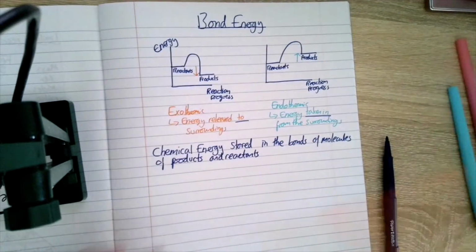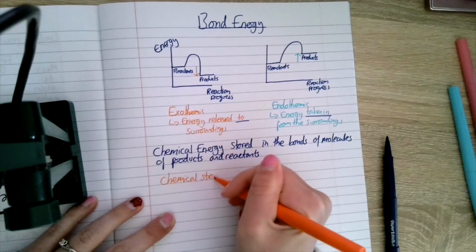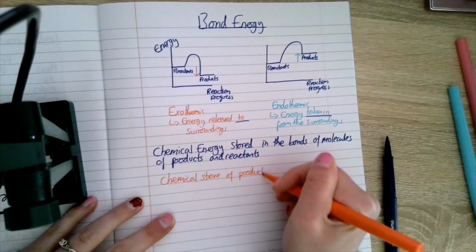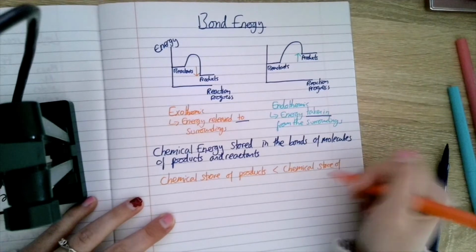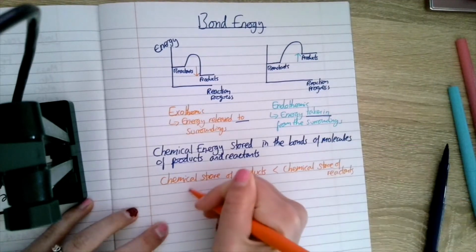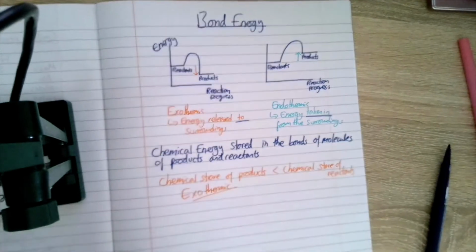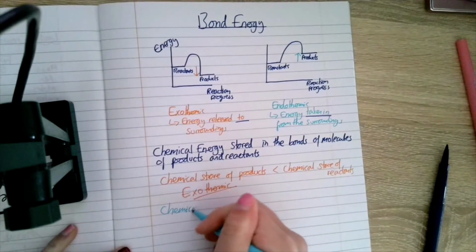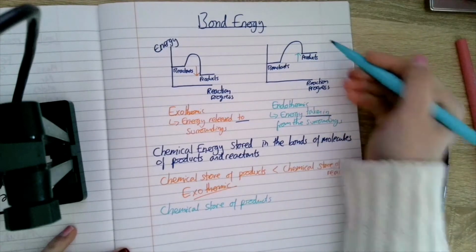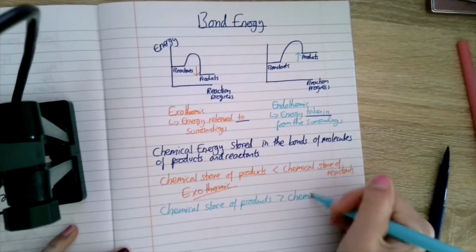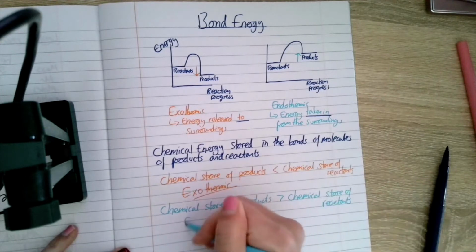And we end up with an exothermic reaction when the chemical store of products is less than the chemical store of the reactants, and it's exothermic, whereas when our chemical store of the products is greater than our reactants, we end up with an endothermic reaction.